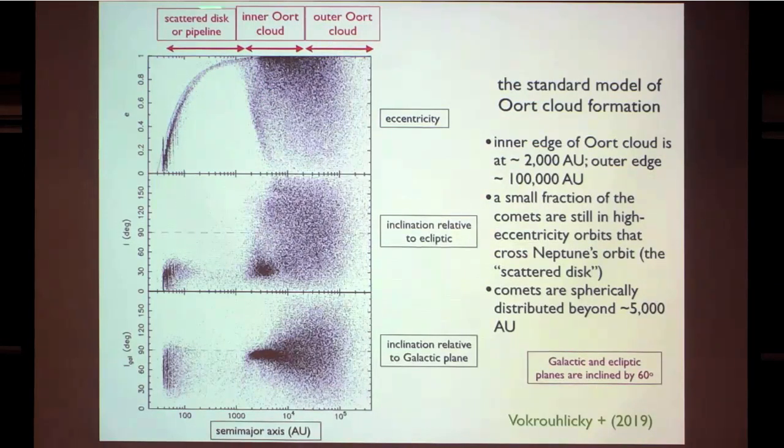There is a small fraction of the comets on a scattered disk, and the distribution is relatively spherical. One of the reasons it's spherical is just the coincidental fact that the galactic plane and the ecliptic plane are inclined by about 60 degrees. If they were nearly aligned, the whole distribution in the Oort cloud would be quite different.